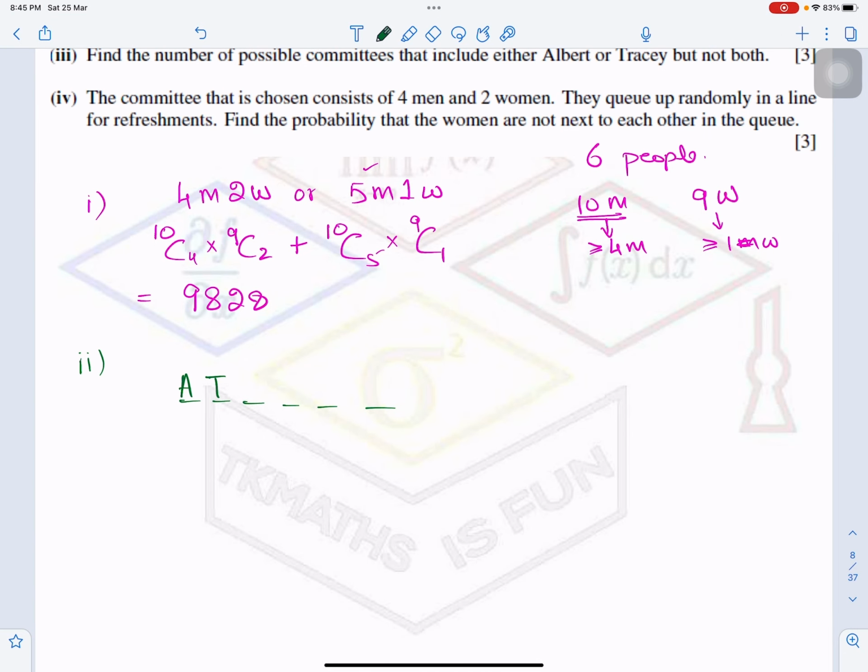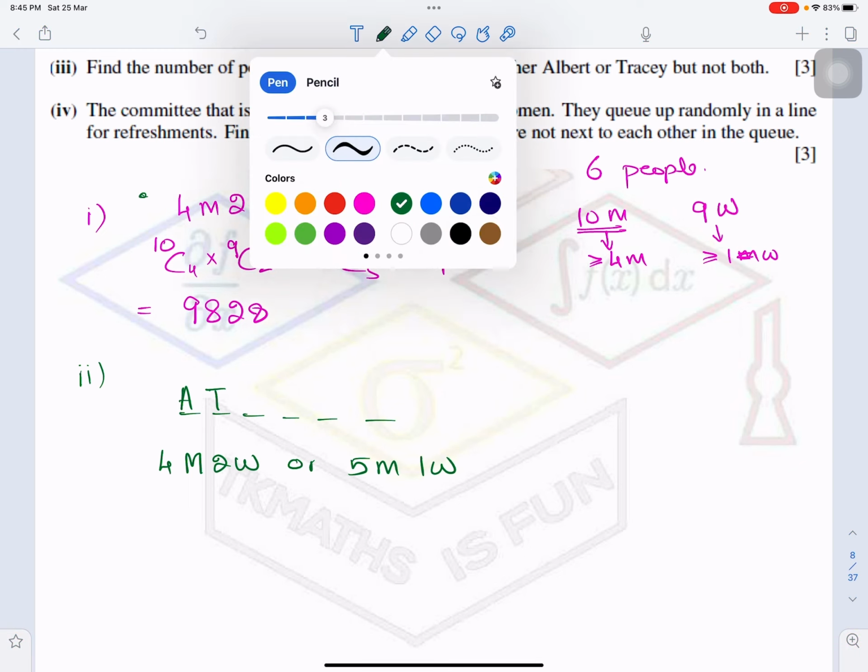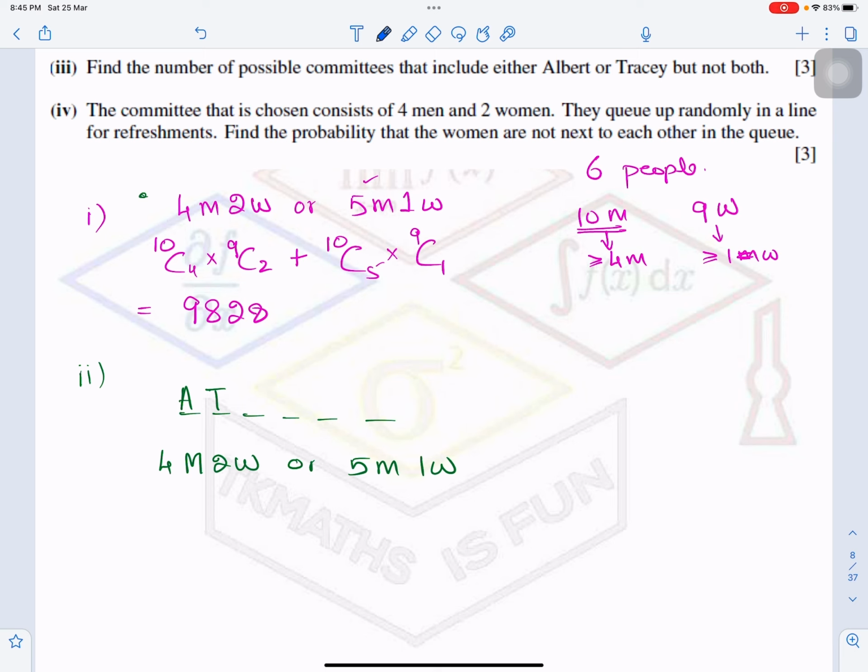Now because 1 man and 1 woman have already been selected, if I look at this condition, the condition was supposed to be 4 men, 2 women, or 5 men, 1 woman. Now 1 man is already selected, which was Albert. So now I have to select 3 men. And similarly from 2 women, 1 is already selected. So I have to select 1 more woman.